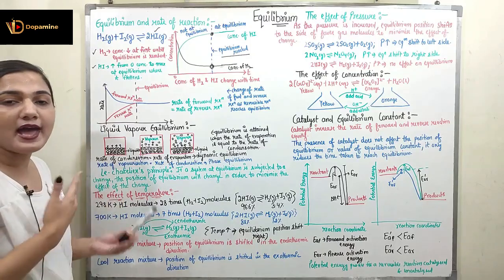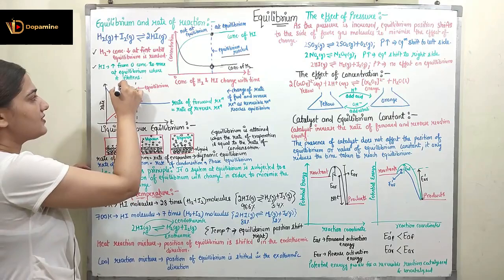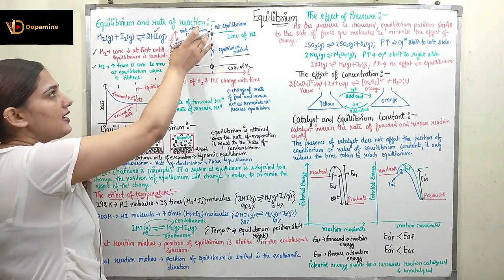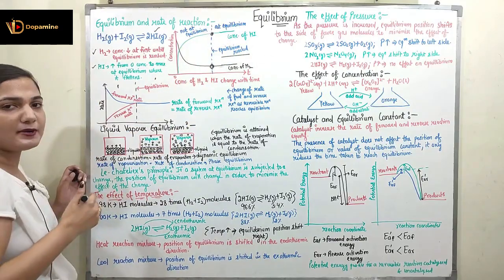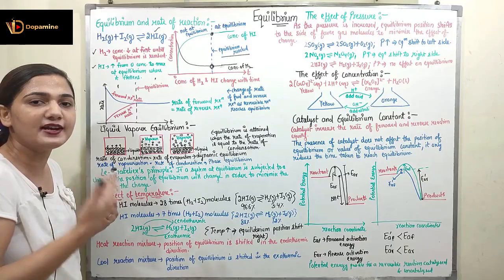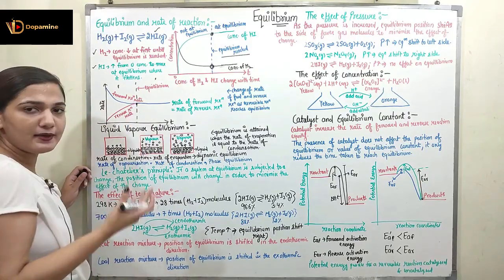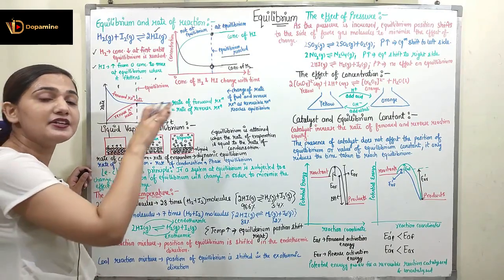Coming to the forward and reverse reaction rate. This is the point before equilibrium, and this is the after equilibrium point here. Similarly here, this was the before equilibrium and after equilibrium point. Before equilibrium, what will happen? The forward reaction rate will decrease and it will reach a point where it will not change. The reverse reaction rate will increase.